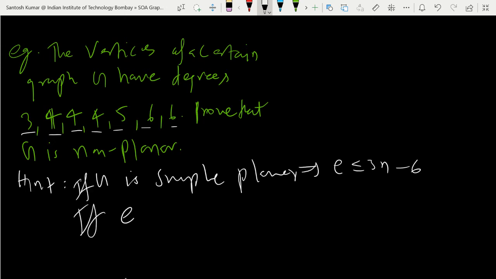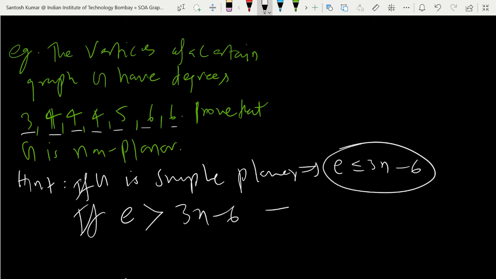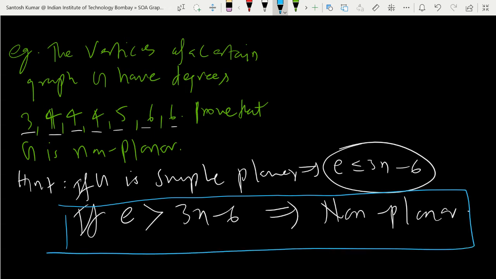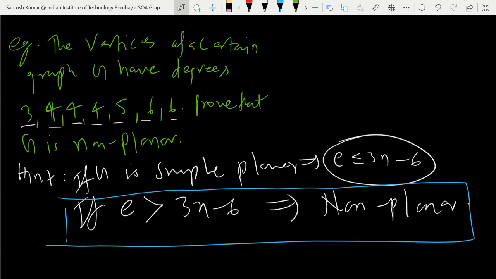And if this doesn't hold, meaning E is more than 3n minus 6, then it is going to be non-planar. So yes, you can use this one. Simply, you just need n and E.